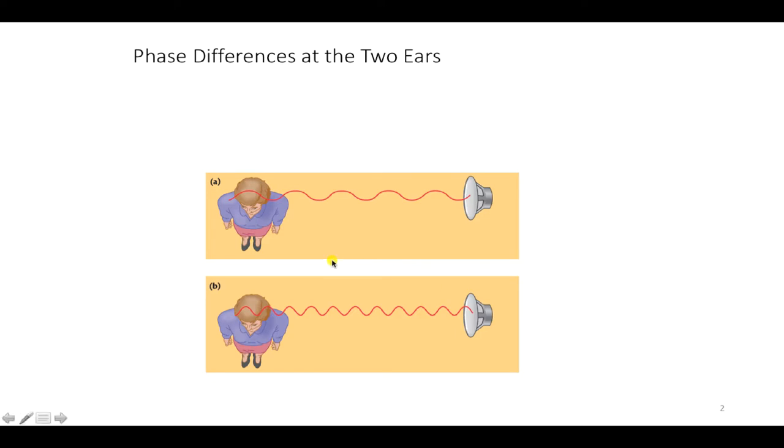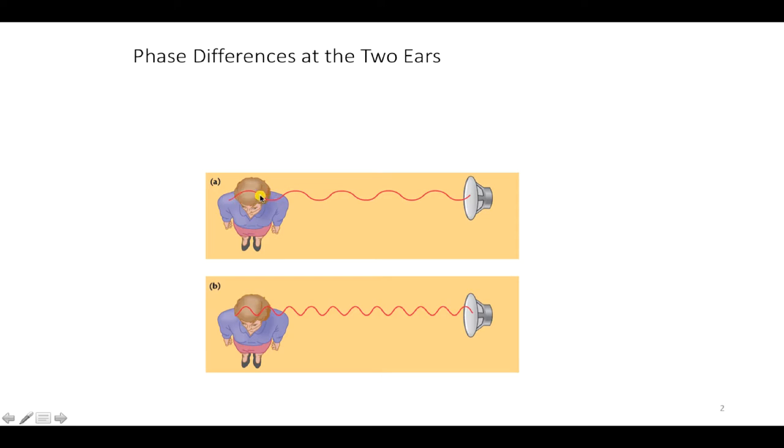To look at phase difference, we need to remember that sound waves differ in their frequency, right? And so different frequencies of sound, of course, correspond to different pitch. But what it also means is that the phase of a wave when it hits, say, this individual's left ear is different than when it hits this individual's right ear.